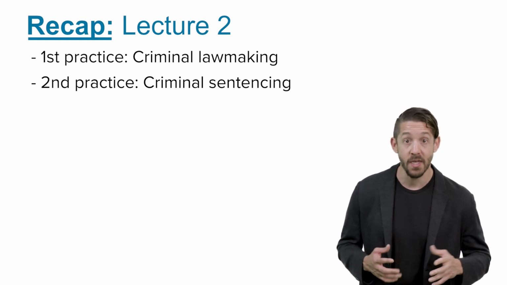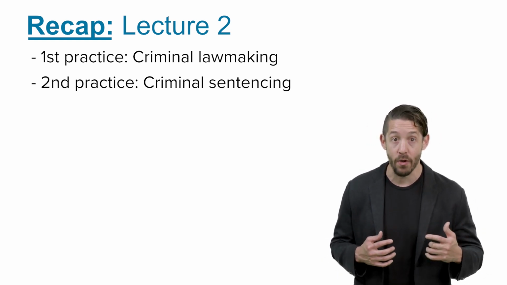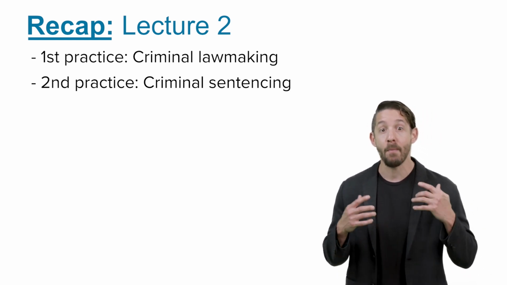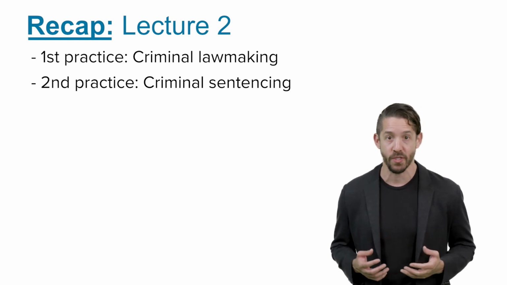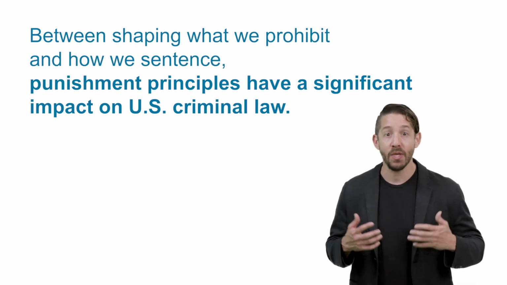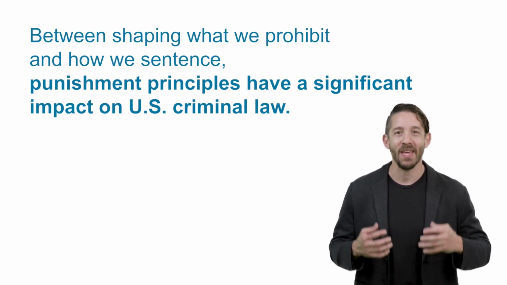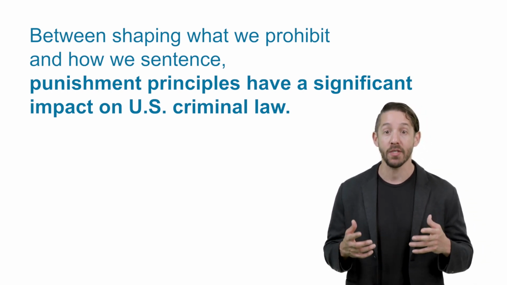As we discussed, this is sometimes legally required in jurisdictions with statutes that mandate the consultation of punishment principles. So between shaping what we prohibit and how we sentence, punishment principles have a significant impact on U.S. criminal law.